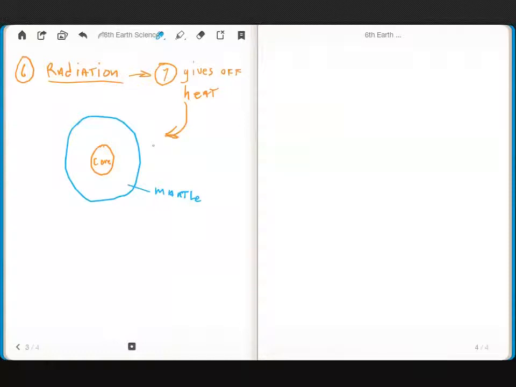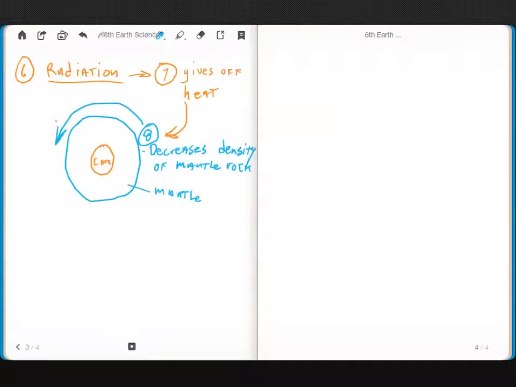Good. So the main thing is that this heat decreases density of the mantle rock, so it decreases the density of the mantle rock.